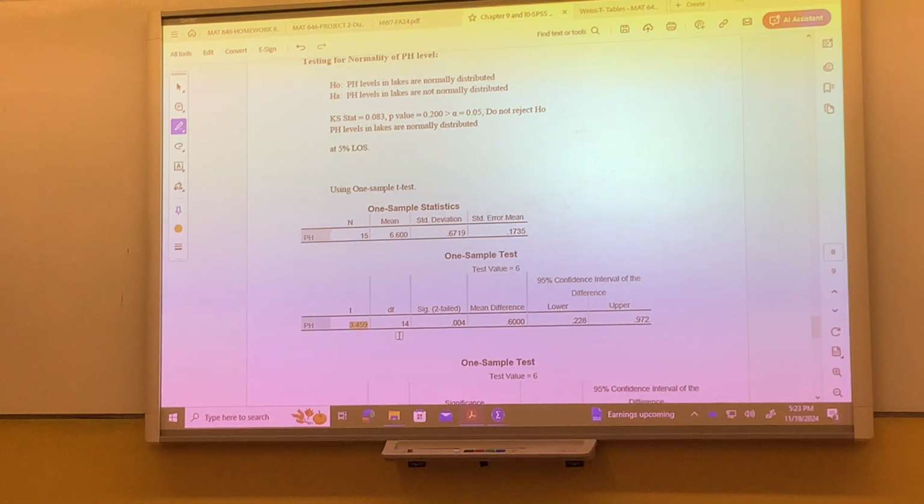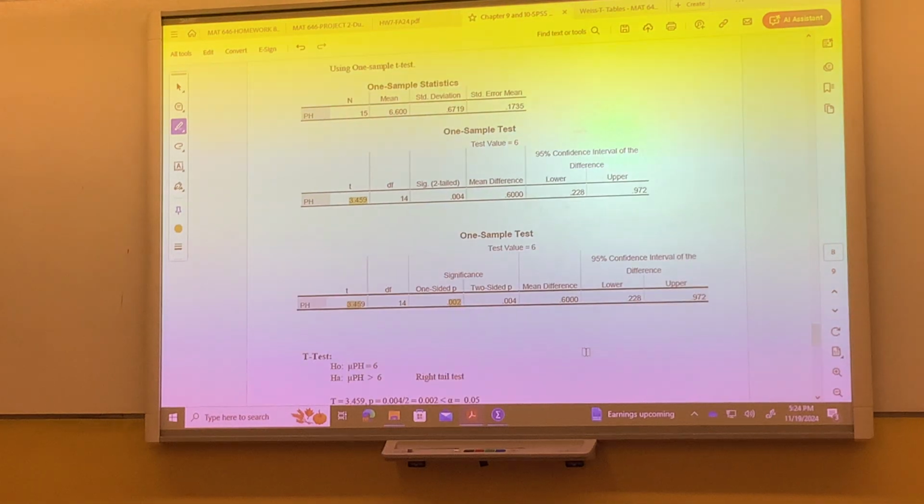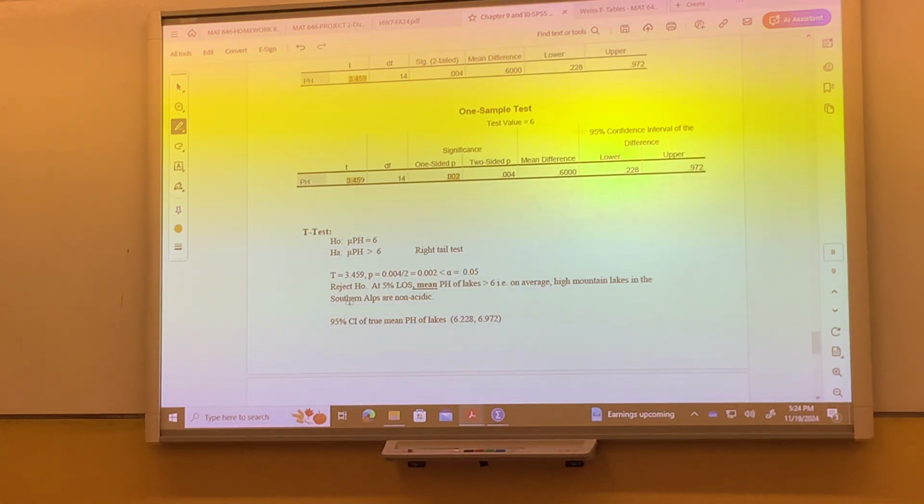And you have a one-tail test, so your output is going to be like this. The lower one is the more recent one in the demo. You have a one-tail test, right tail, so this is going to be your p-value. That's your t. And 0.002 is less than alpha, so you're rejecting the null, and at 5% level of significance, mean pH is more than 6.